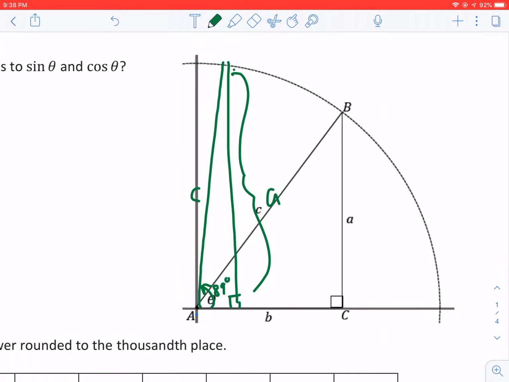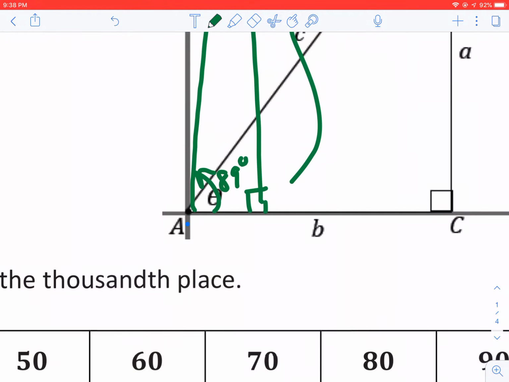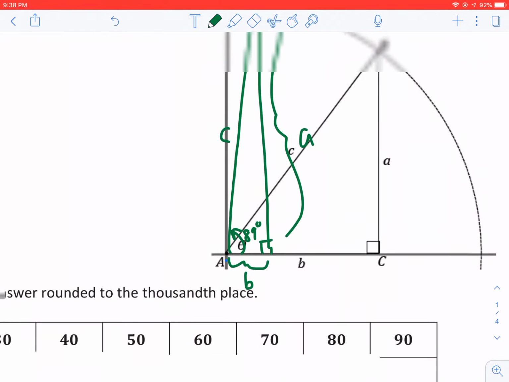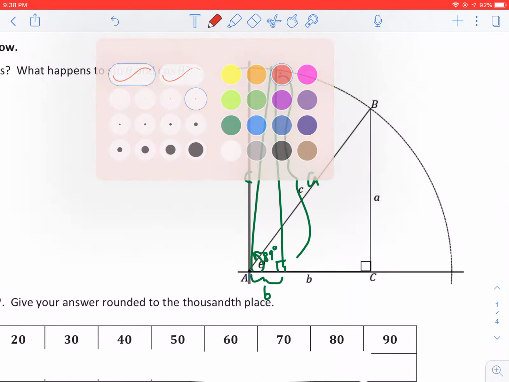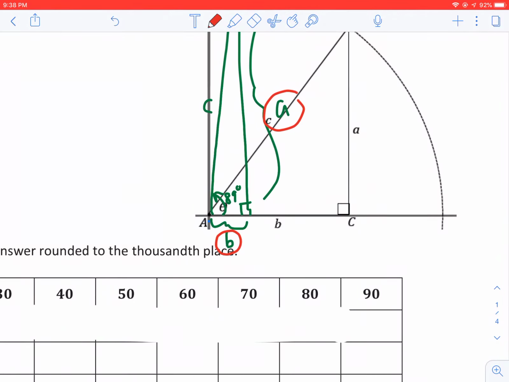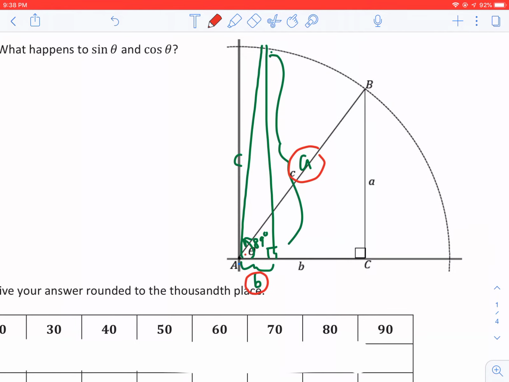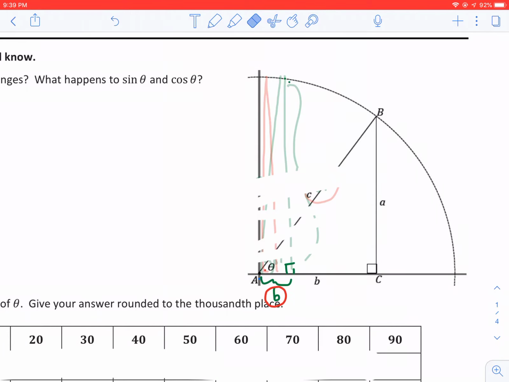And you can also see that our value of B has shrunk to be very, very small. Can you see as we get closer and closer to 90 degrees, the bigger and bigger this value of A is going to become, and the smaller and smaller this value of B is going to become? I can always just increase the angle, and this hypotenuse is going to get more and more vertical. A just gets a tiny bit bigger, and B just gets a tiny bit smaller, and that keeps happening.